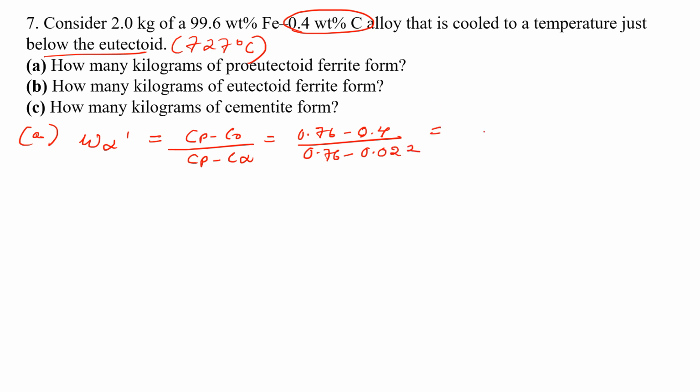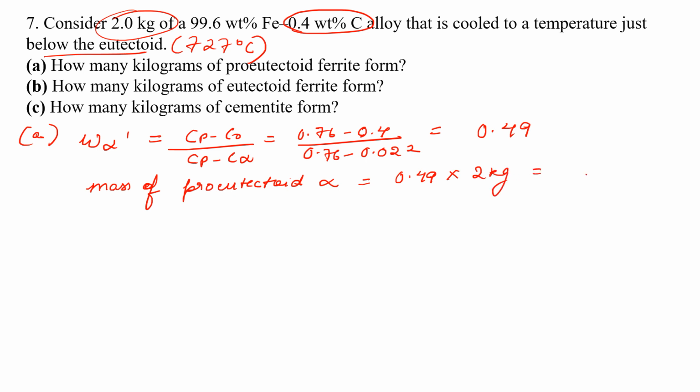Upon solving, this should give me about 49%, or 0.49 mass fraction of proeutectoid ferrite. Since the total mass of the alloy has been given as 2 kilograms, the absolute mass of the proeutectoid alpha is 0.49 times 2 kilograms. That should be 0.98 kilograms of proeutectoid alpha.